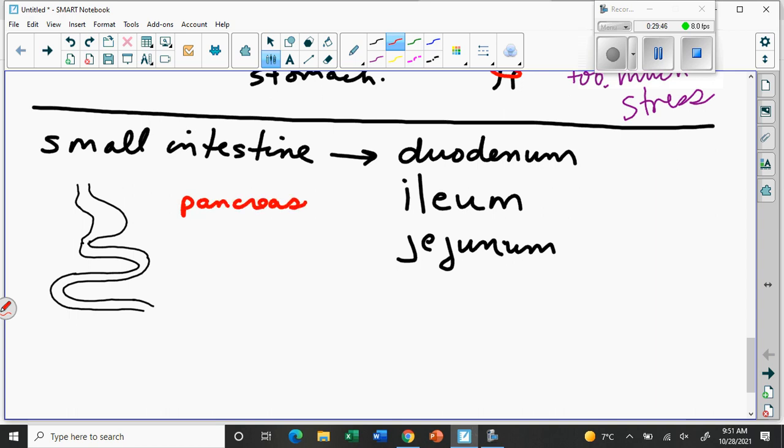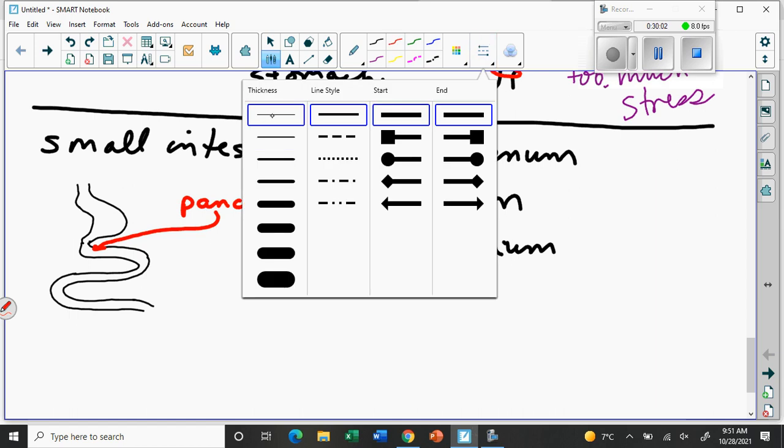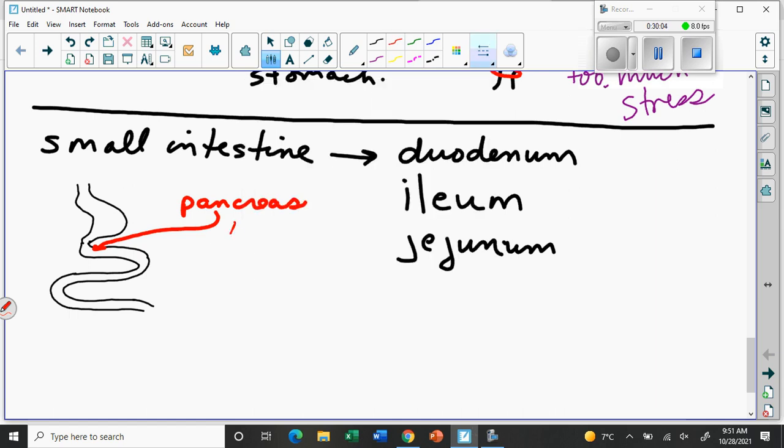Okay? It's going to secrete a particular kind of material that's going to be sent right in here into the small intestine. And that's going to be what we call bicarbonate. So it makes a bicarbonate solution. You'll remember what that means, bicarbonate.